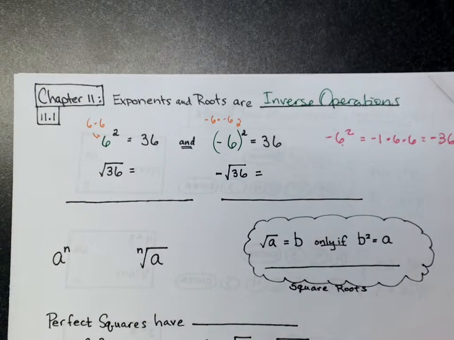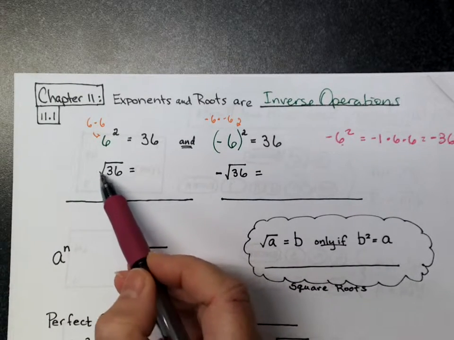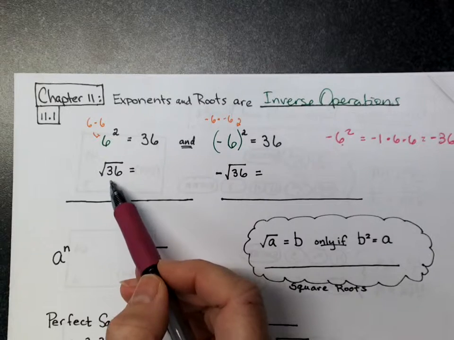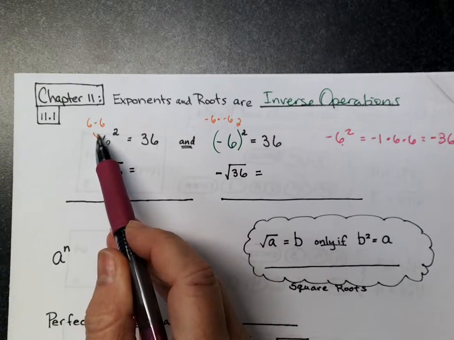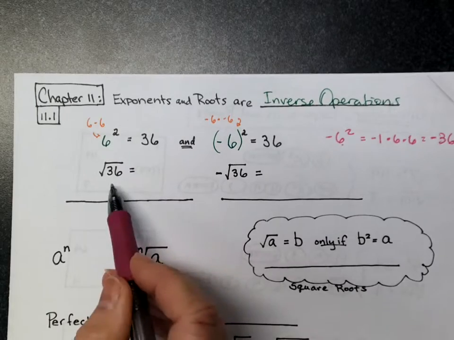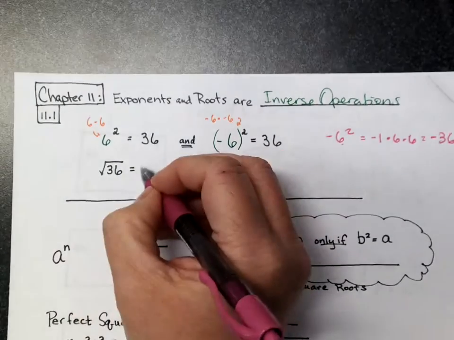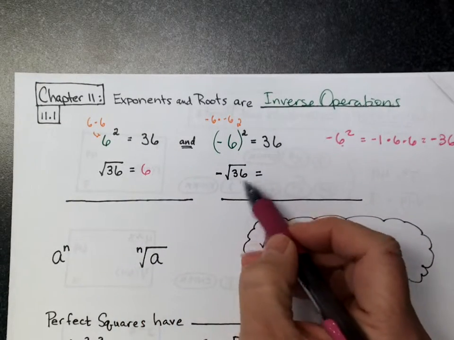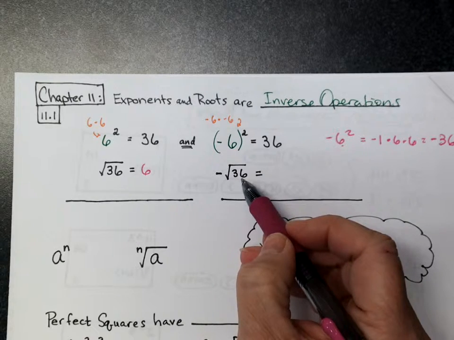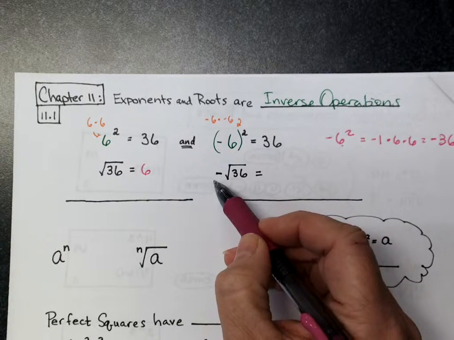Okay. Now reversing the process, we can do a square root of this if it has basically twin factors, matching factors, because that's all exponents are, is multiplying something times itself. So this has twin factors of 6. So this also has twin factors of 6, but a minus.